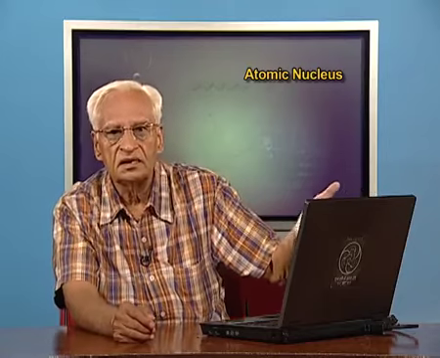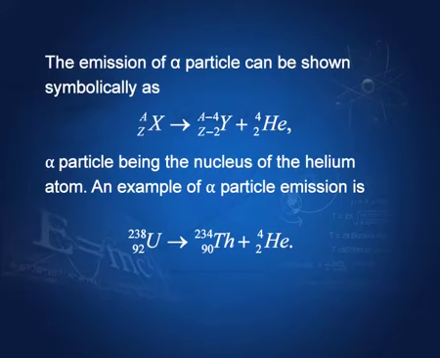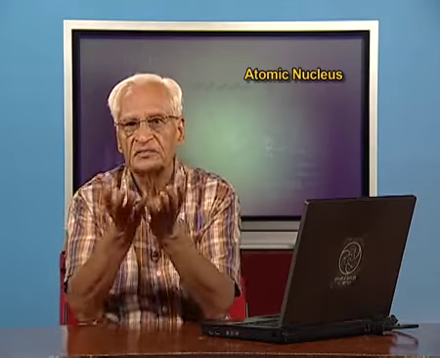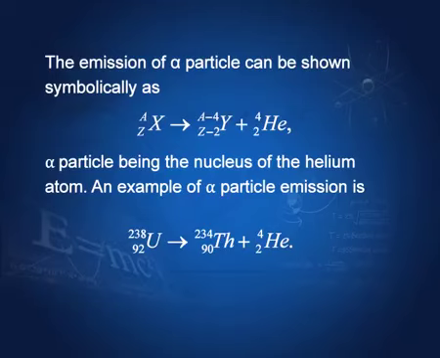What else does the unstable nucleus emit? An unstable nucleus can emit alpha particles. So, if X with mass number A and atomic number Z emits an alpha particle, then its mass number is reduced by 4, because an alpha particle has 4 nucleons, and it has 2 units of charge.